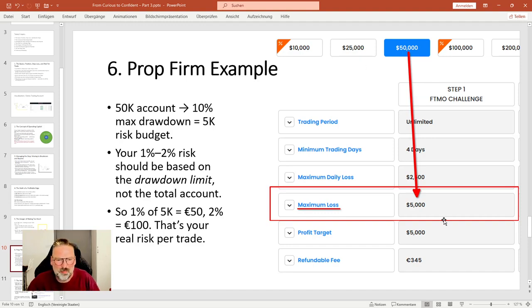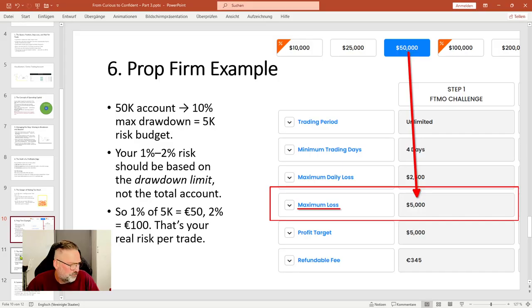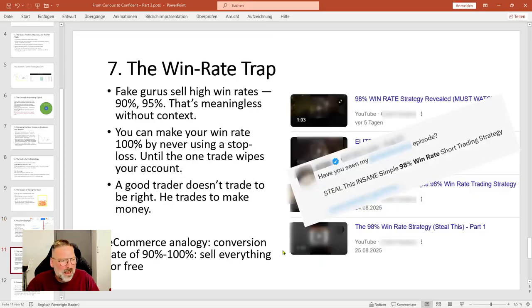Not 10 times as much. So that's the difference. If you trade with a prop firm like that, you even have a chance to pass those challenges. All right?